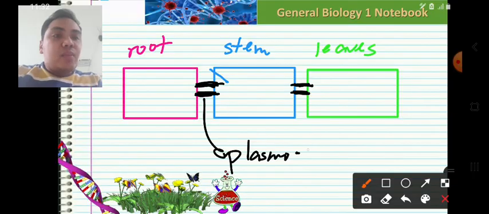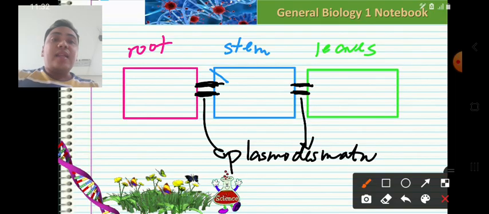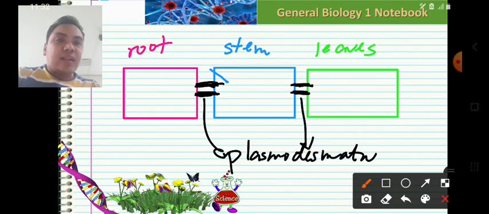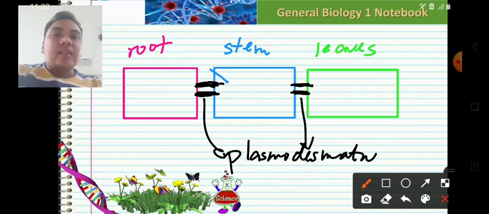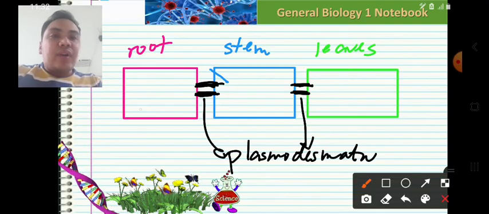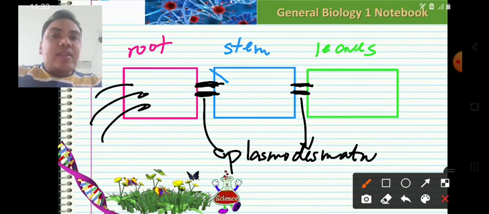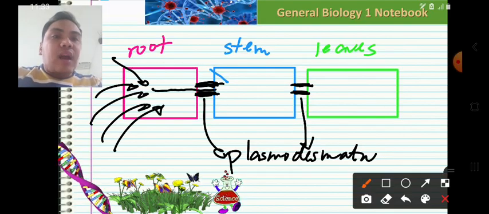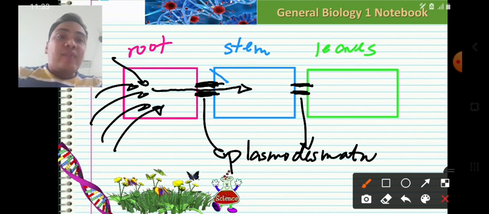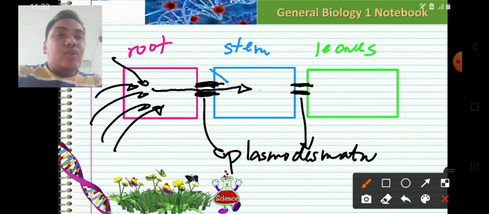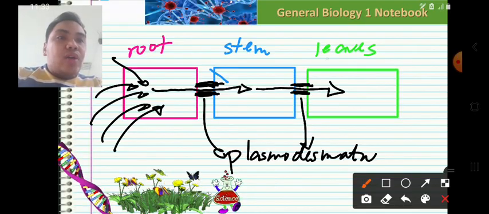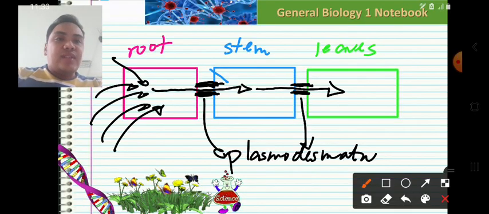And take note that since plasmodesmata act as tiny holes, you can infer that the nutrients, or let's say the water molecules from the soil absorbed by the roots, will travel towards the stem of the plant, and the nutrients from the stem will travel along the cells of the leaves.